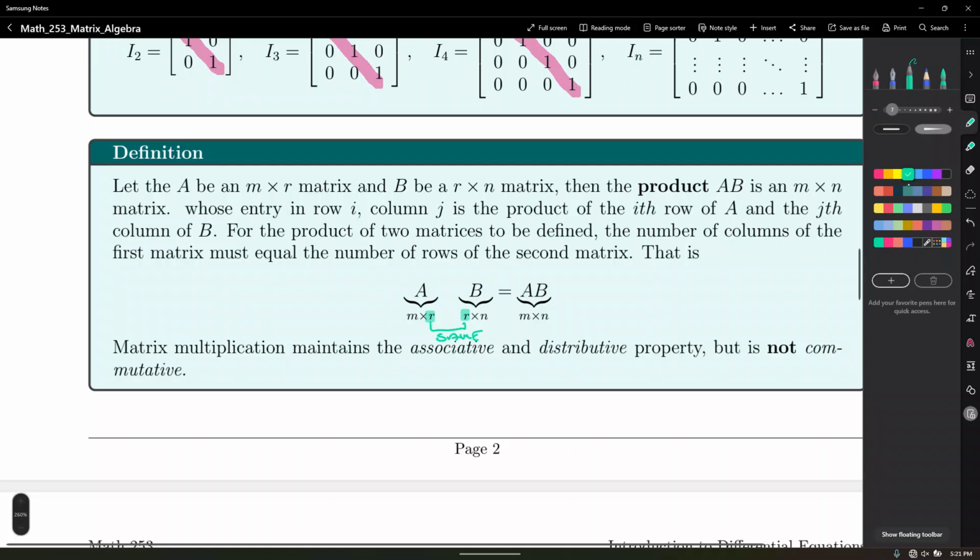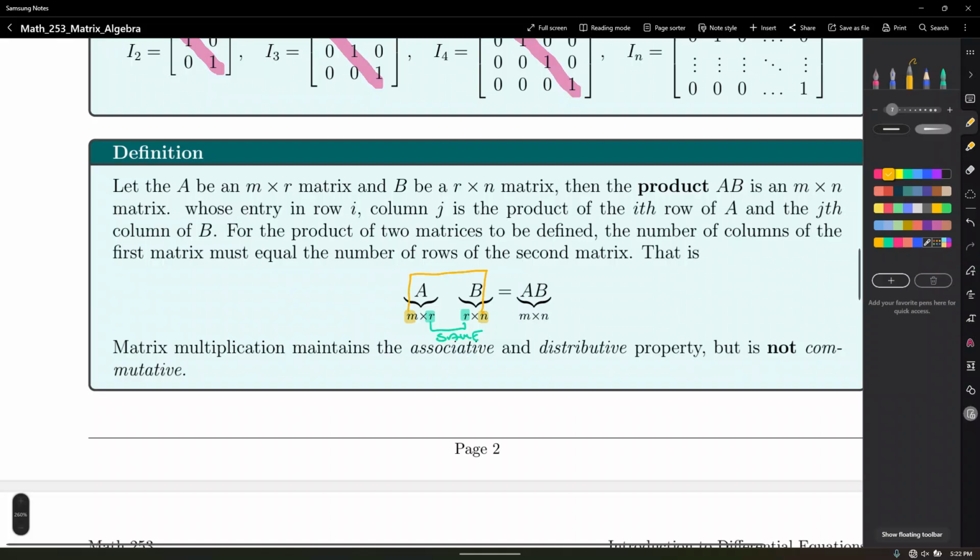Now, the new matrix we obtain will be a matrix that is m by n. You'll see about it.